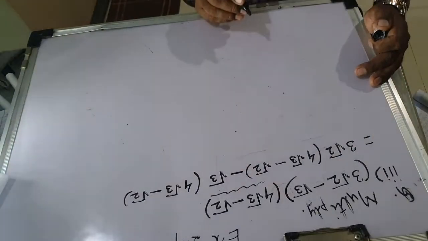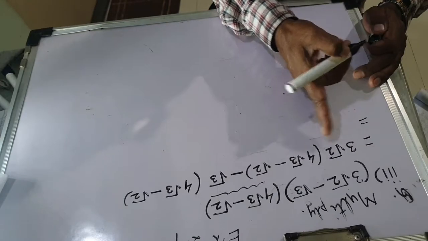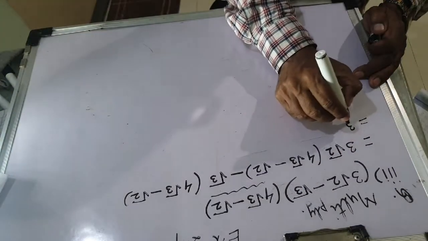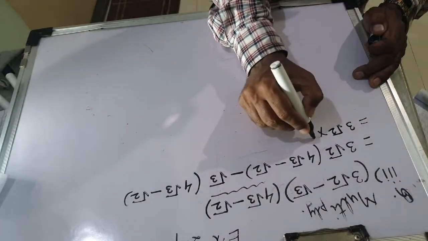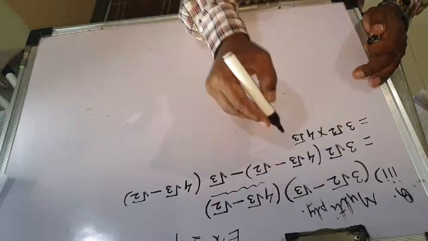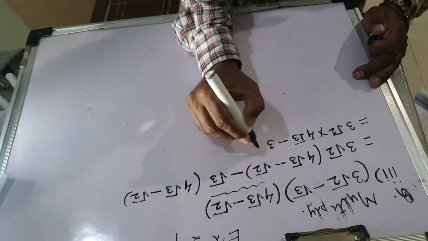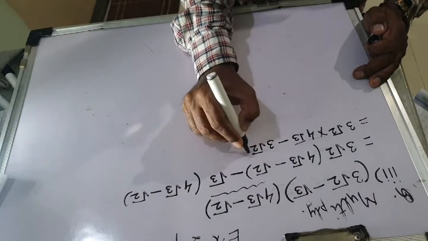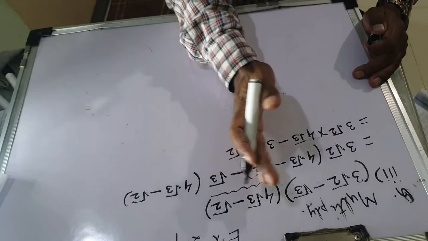Now actually I am going to do the multiplication. That is equal to, now this into this, 3 root 2 into 4 root 3. This multiplication minus 3 root 2 into root 2. Now this part is over.